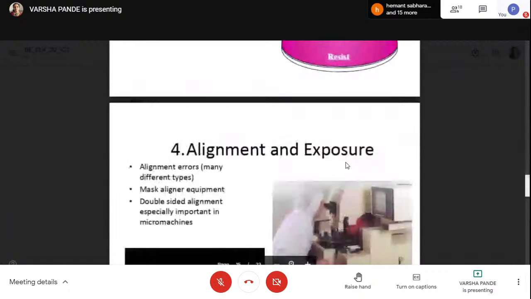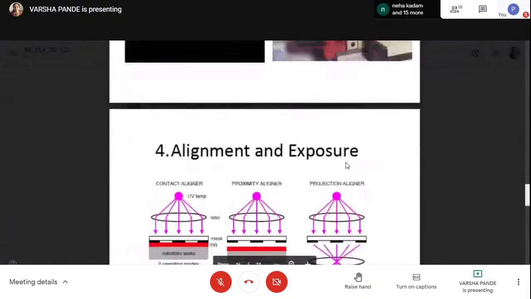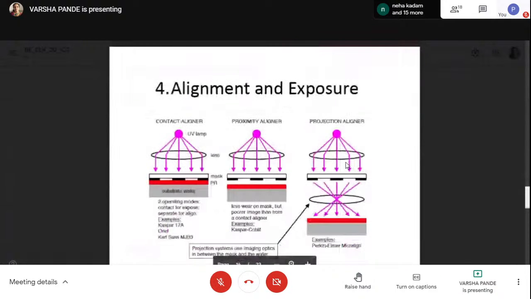This is again the alignment and exposure. Already I told you there are three ways to keep the mask above the photoresist. First is direct contact, another is proximity, and third is projection. In contact, the mask is directly placed above the photoresist, with direct physical contact between the mask and photoresist.